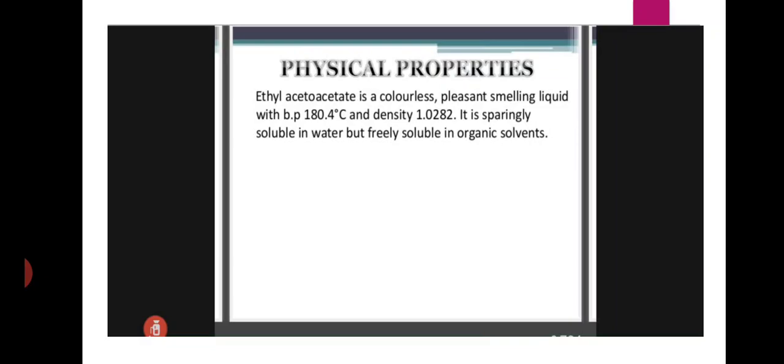It is sparingly soluble in water but freely soluble in organic solvents. Okay, students, what are the physical properties of EAA? It is a colorless liquid with a pleasant smell. The boiling point is 180.4 degrees centigrade, the density is 1.0282, and it is partially soluble in water but freely soluble in organic solvents.